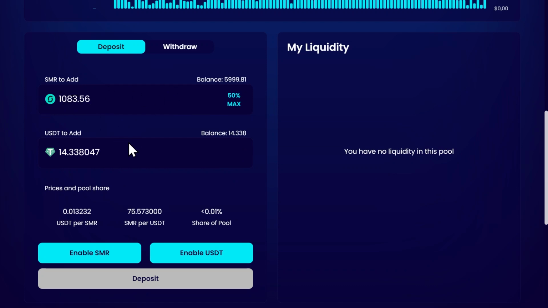Further down, I can see some information about the current USDT to Shimmer exchange rate, or the other way around, as well as how much of the liquidity pool I would own. If I now provide liquidity, I'll receive a so-called liquidity provider token back. This token represents how much I've supplied to this specific liquidity pool.